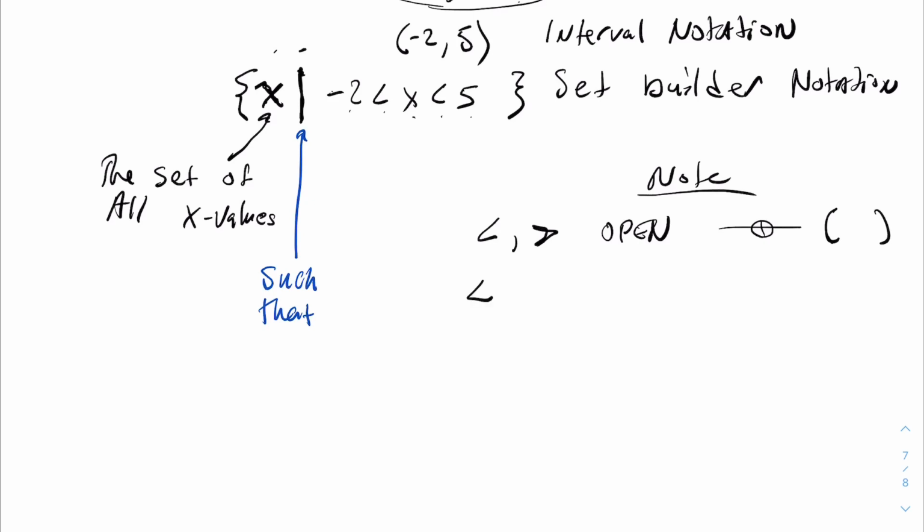And if you see a less than or equal to or greater than or equal to, that's considered closed. Open means it does not include that endpoint, and closed means it includes the endpoint.